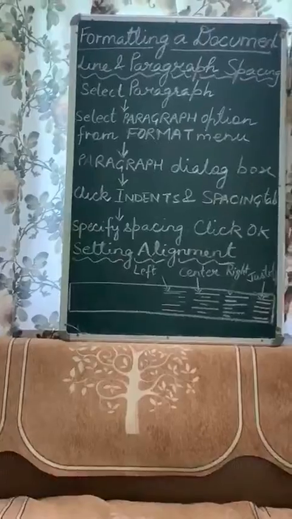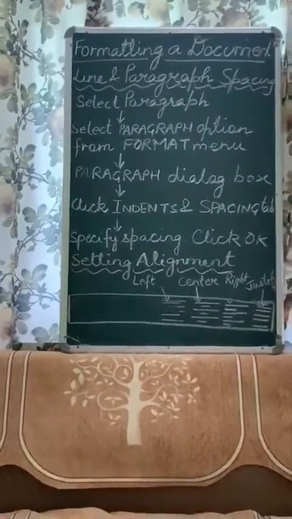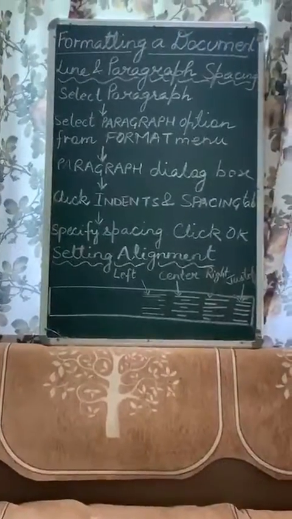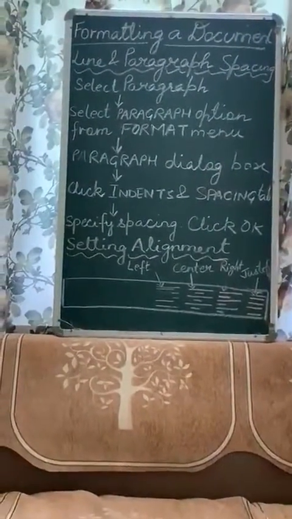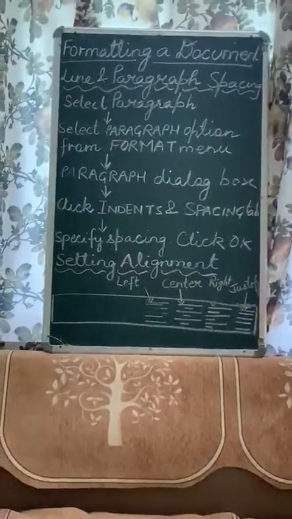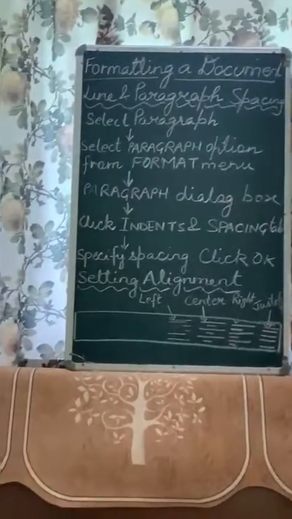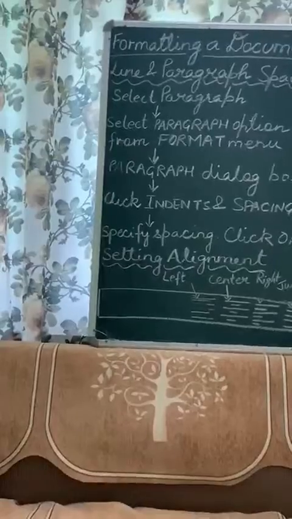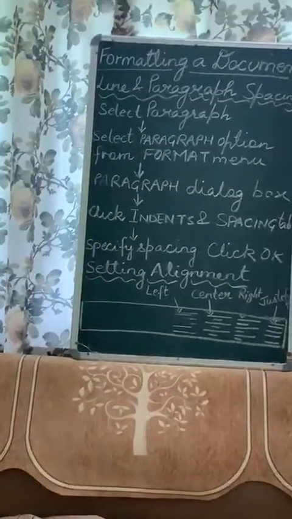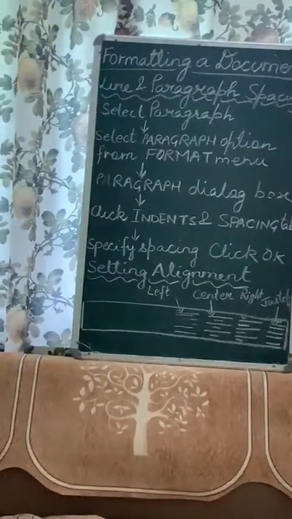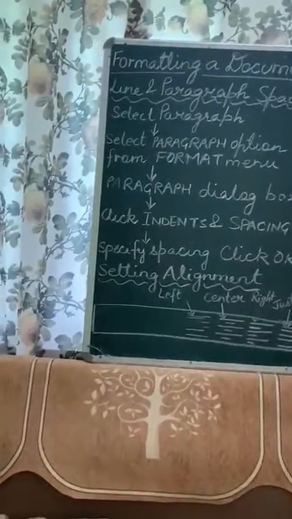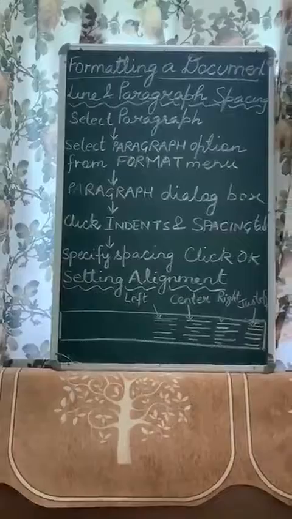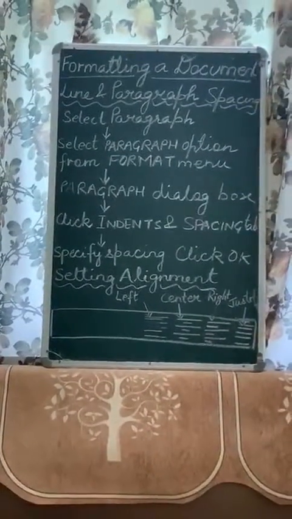The other way is that you can see the formatting toolbar I have made. On this formatting toolbar you have these options already present: left, center, right and justify. Just from there also you can specify. And yesterday I told you about the Properties sidebar also, just like you have clip art. In that Properties sidebar also there are options for left, center, right and justify align.